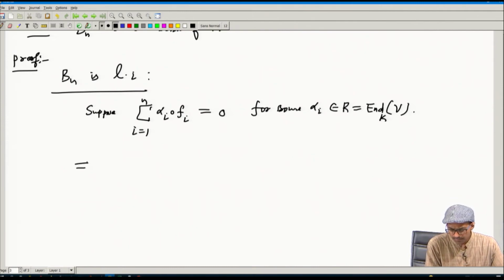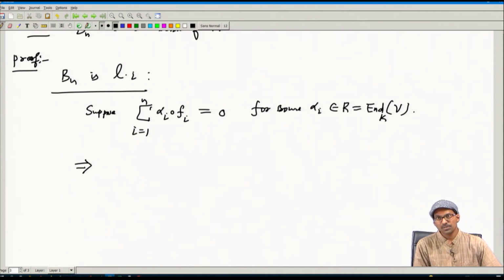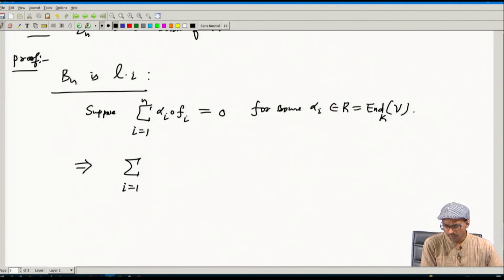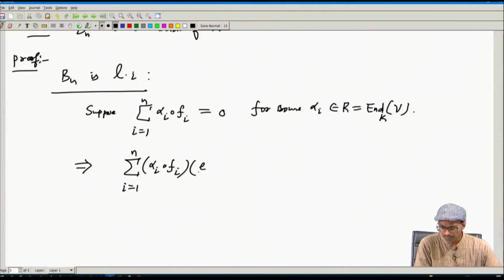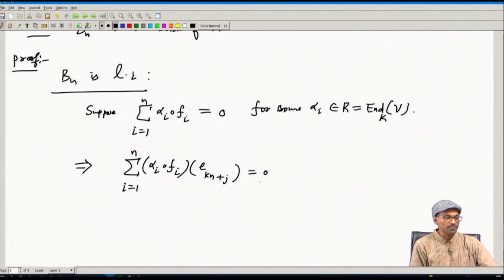So, that means this map is 0, so evaluated at all the basis elements it is also 0. That means summation i from 1 to n of alpha i composition Fi, evaluated at E of kn plus j, is equal to 0.